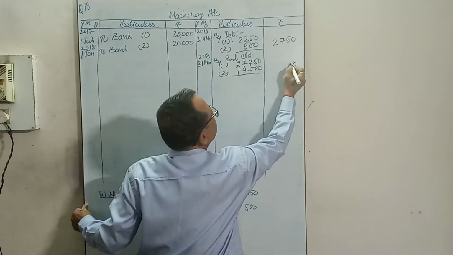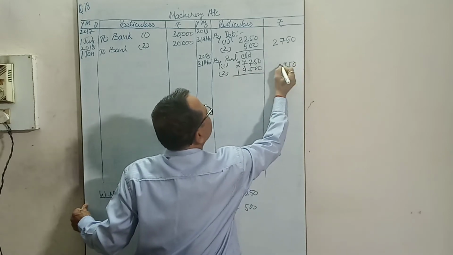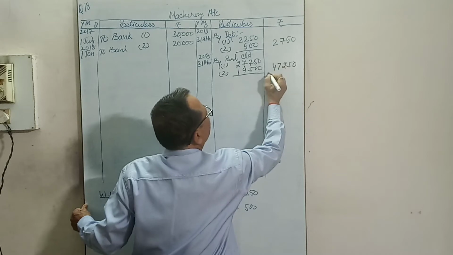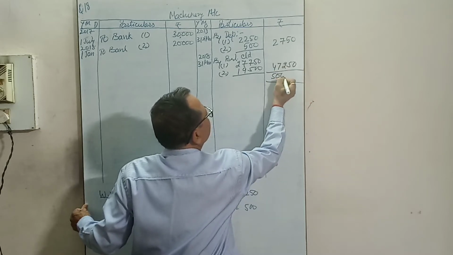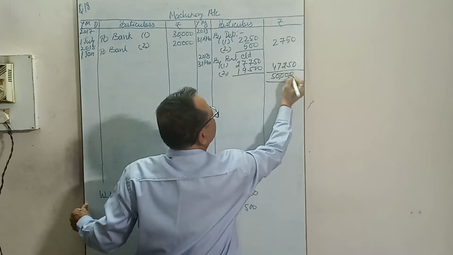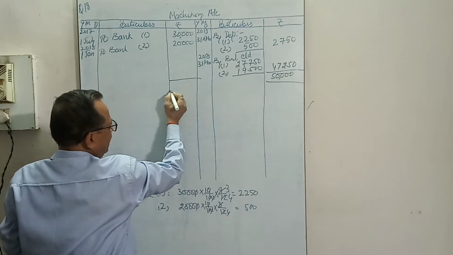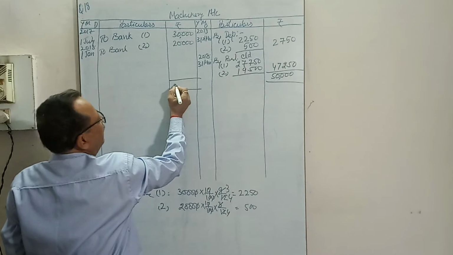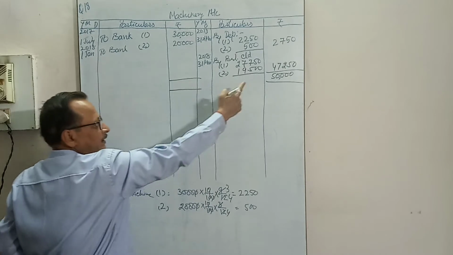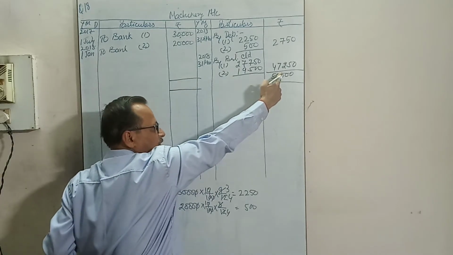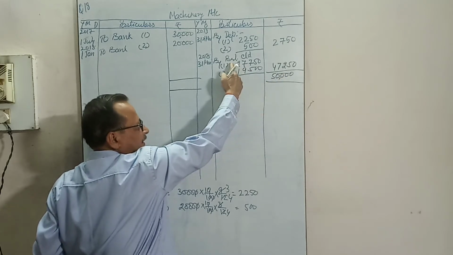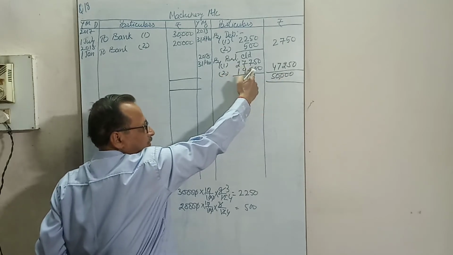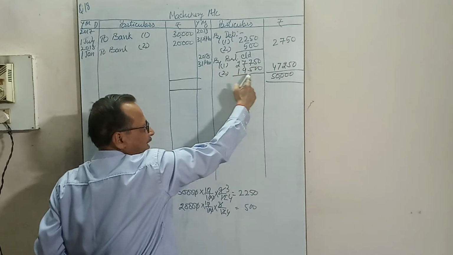Total balance is 47,250. So at the end of 31st March 2018, the balance of the machinery account is showing 47,250 as a whole, and separately machine number 1 27,750, and machine number 2 19,500.